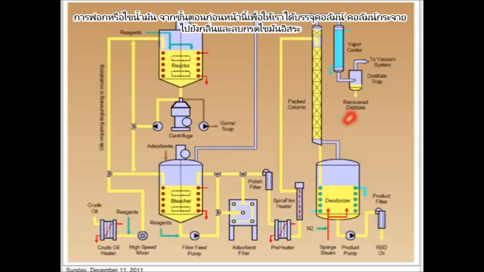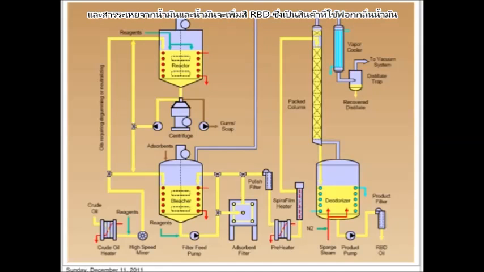The volatile material will be recovered as distillate, and the oil will be recovered as RBD oil, which is refined, bleached, deodorized oil.